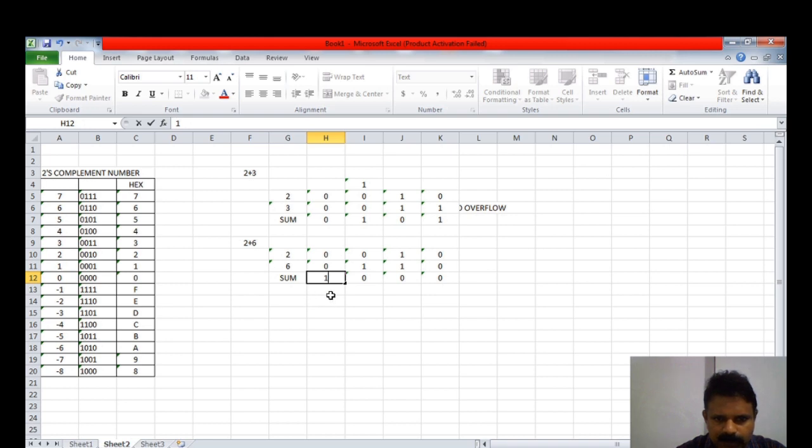We got the result 1 0 0 0, but this pattern represents -8 in 2's complement representation. So the result is wrong actually, isn't it? For signed numbers, we got the pattern 1 0 0 0. This pattern represents -8.